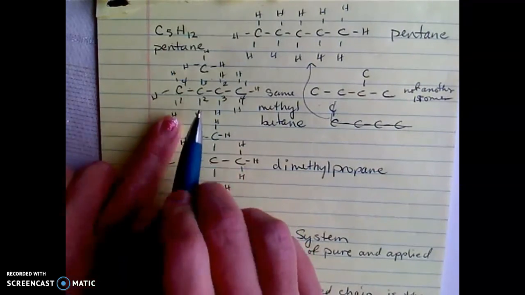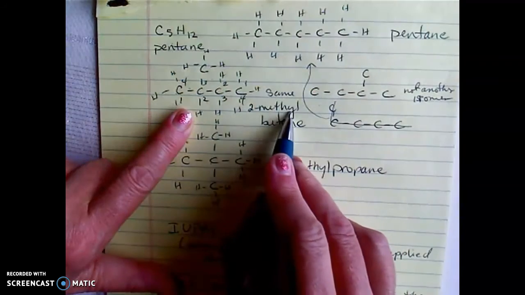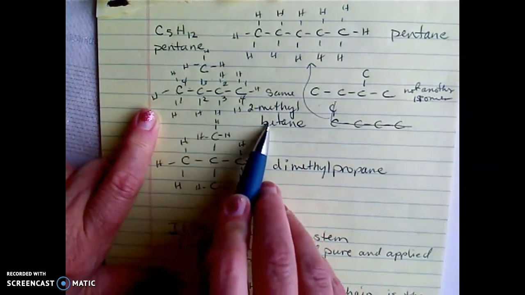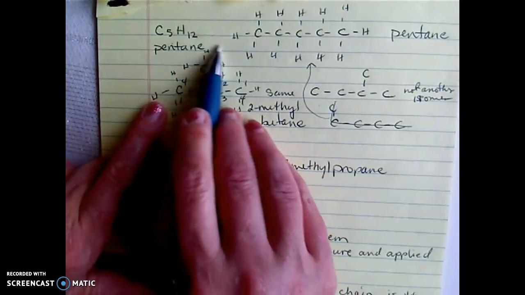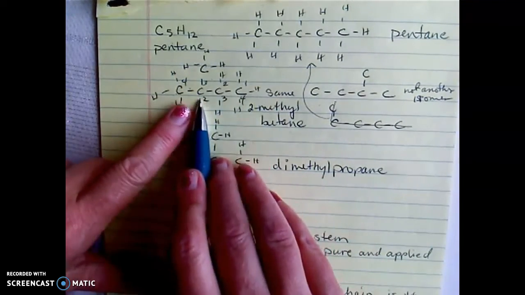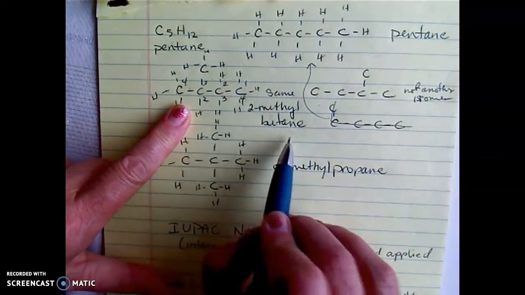That's a higher number, not the lowest number. So this would actually be called 2-methylbutane. Again, your longest chain was 4. There's your butane. My branch is a methyl group, and it's coming off the second carbon. So 2-methylbutane.